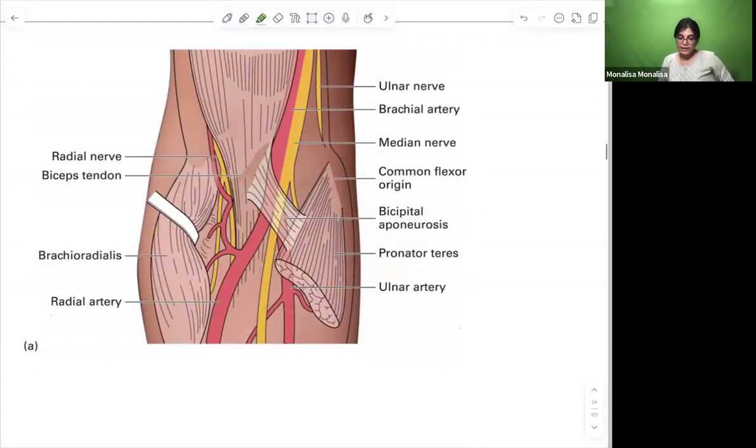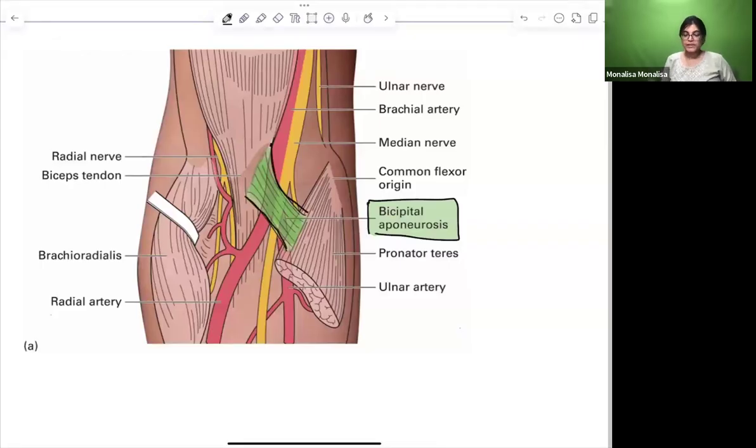Let me show you. See here. This structure which you are seeing is the bicipital aponeurosis. What is the bicipital aponeurosis? It is a medial extension from the biceps tendon, and it is covering two structures: the median nerve and the brachial artery.